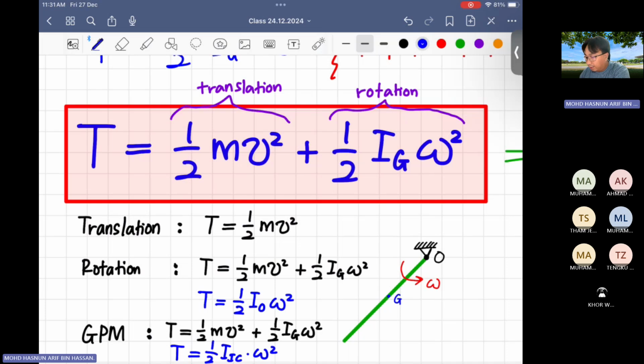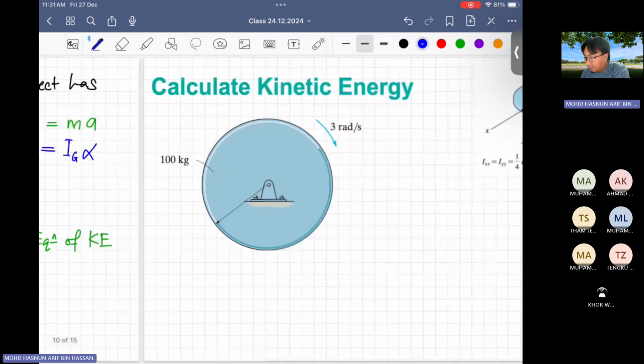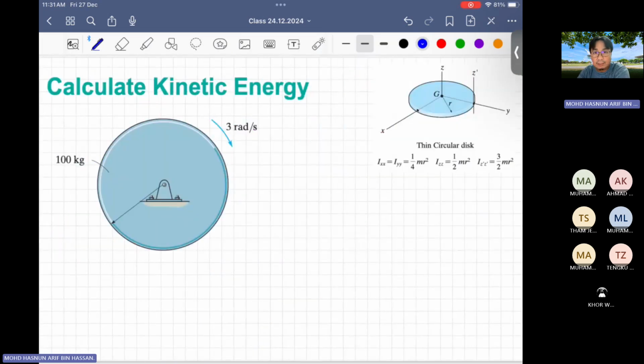If there's no question, let's try to calculate the kinetic energies of a few objects. Here you can see a thin circular disc that is rotating, and the fixed point is at the center here. Let's call this point O, which is also point G.